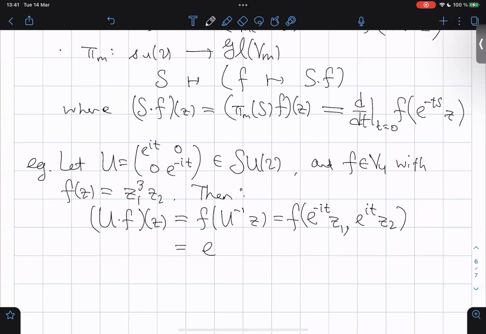So I have e to the minus it Z1, all cubed, times the second. So I take that exponential, I get minus 3 of them over here, and then one of them over there.